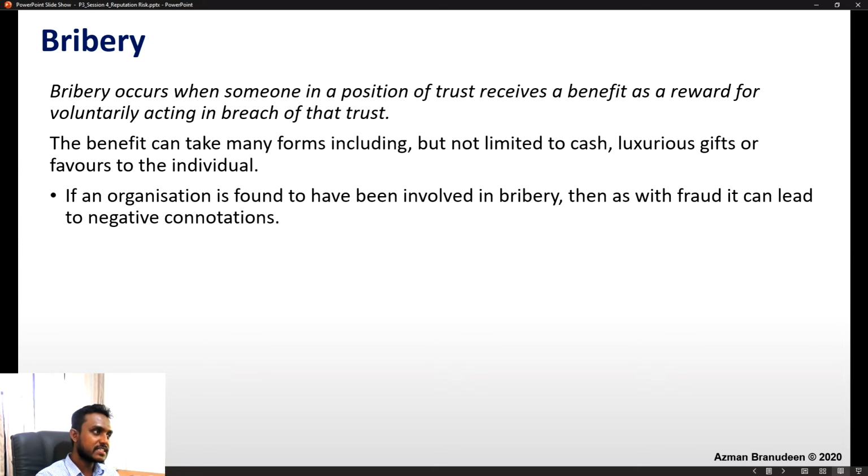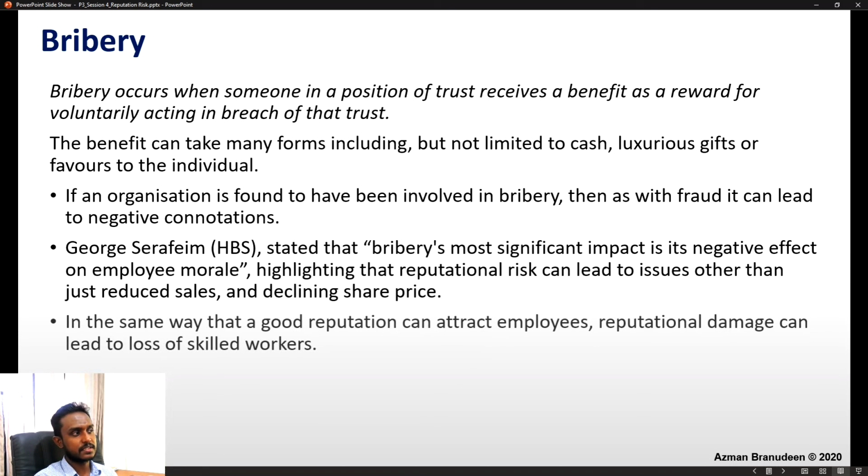Now, if an organization is found to have been involved in bribery, then as with fraud, it can lead to negative connotations. Basically, negative perceived reputation risk.